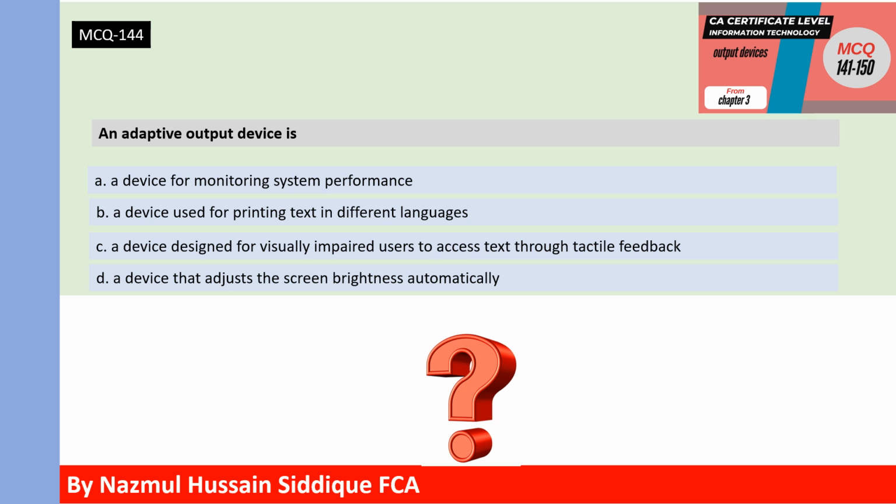Which one is the correct answer? The correct answer is option C. An adaptive output device is a device designed for visually impaired users to access text through tactile feedback.